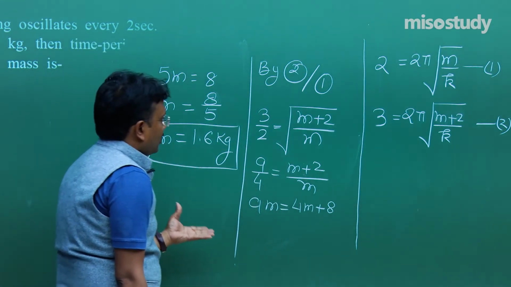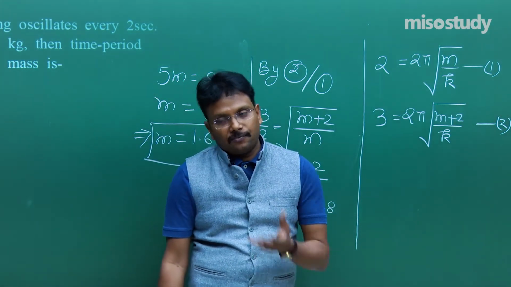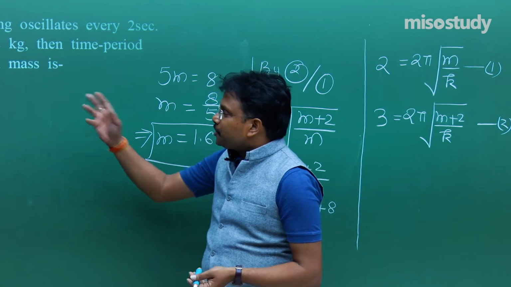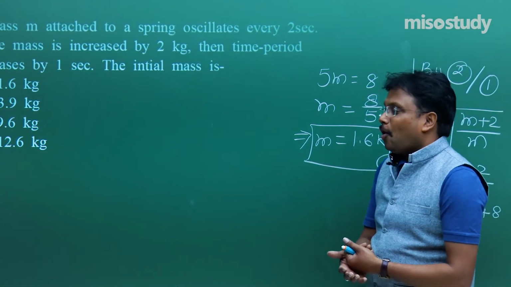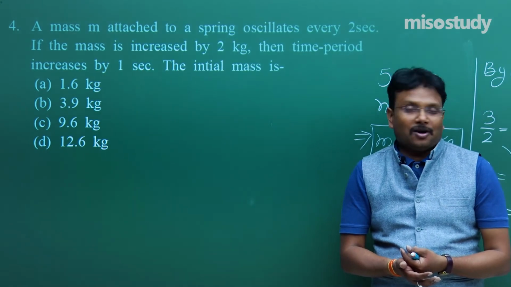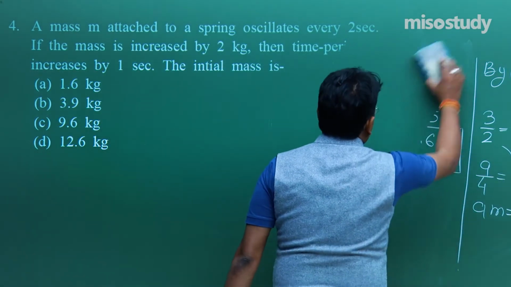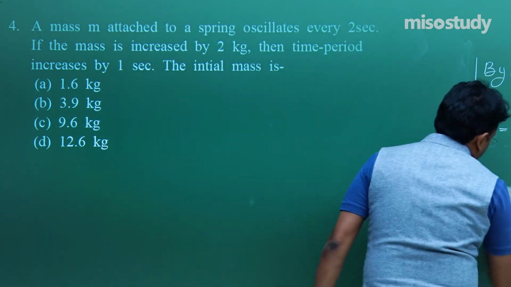We can get the result as initial mass is equal to 1.6 kg. Fine. So, as such this question is not difficult, and also you cannot complain that a lot of mathematics is involved. Fine. So, let's get ready for the next problem.